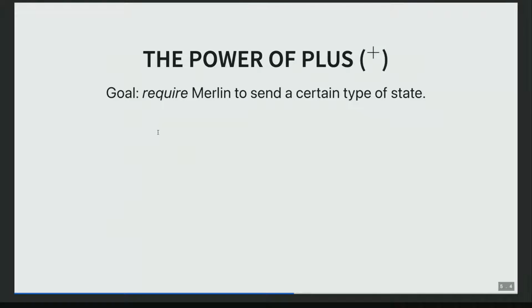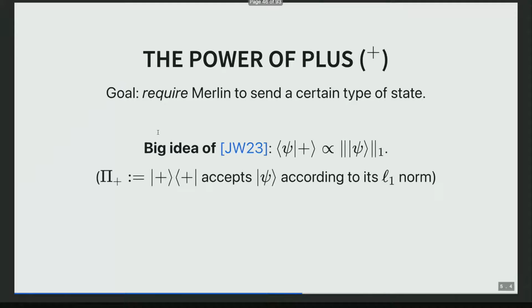Okay, so what we're going to do is require Merlin to send a certain type of quantum proof. We know the proof has non-negative amplitudes, and we're going to ask for a stronger property. The big idea here from Jeronimo and Wu is that if you look at the overlap in a Hadamard basis with the 0th Fourier component, it's proportional to the L1 norm of the vector.